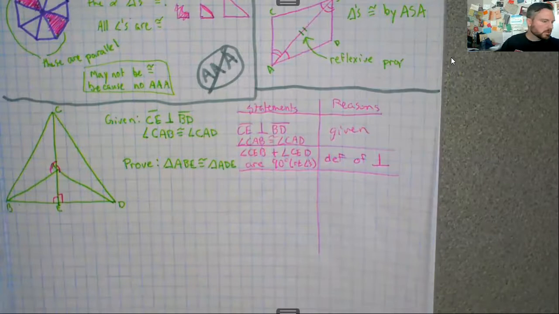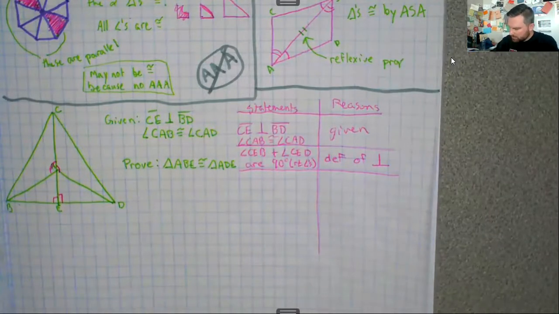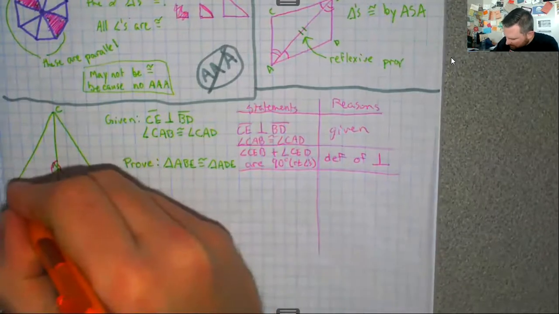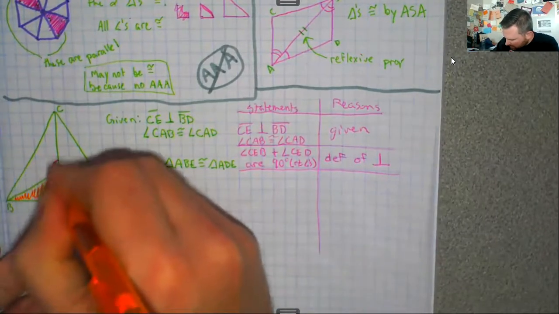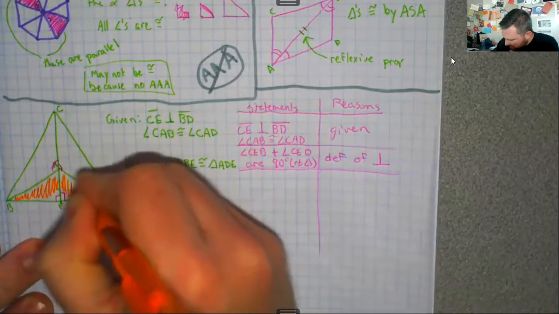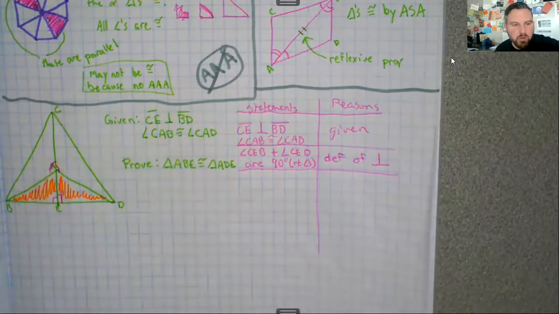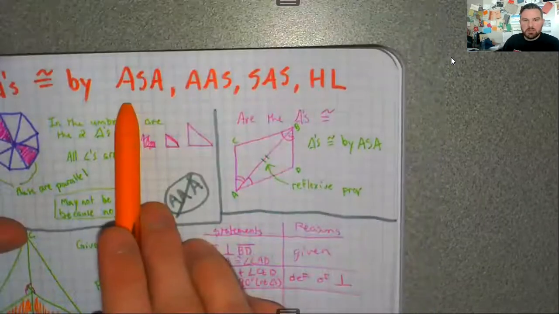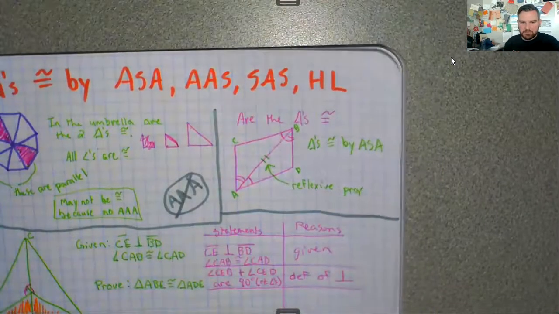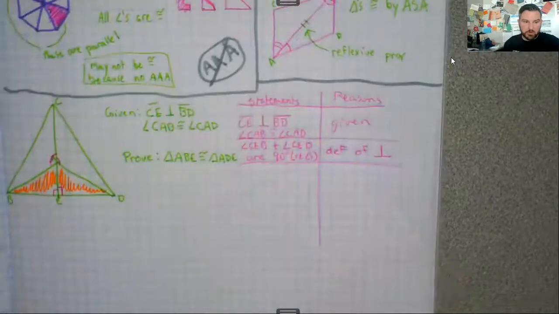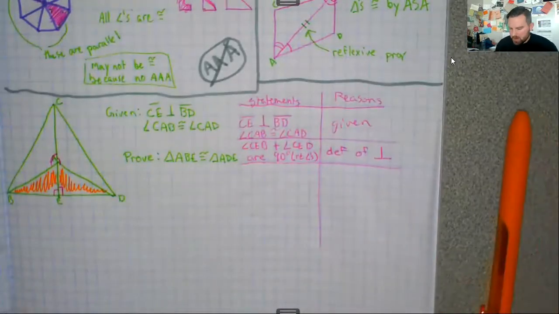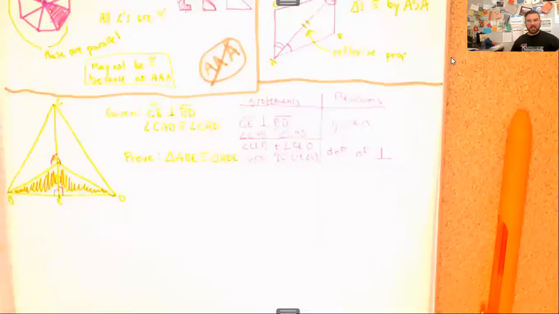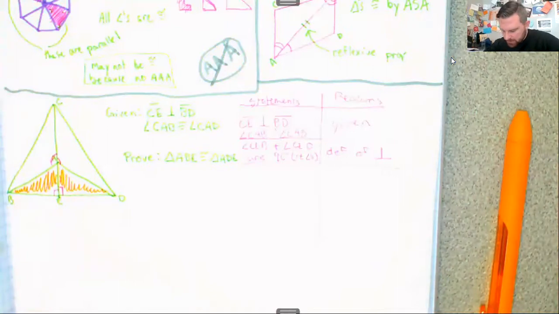So let me get another color here. You're trying to prove that this triangle here is congruent to this triangle here. And in order to do that, we need to use one of these or side, side, side. Or you just prove all the parts congruent. Now, I'm probably not going to prove all the parts congruent because that's a super long process. All right.